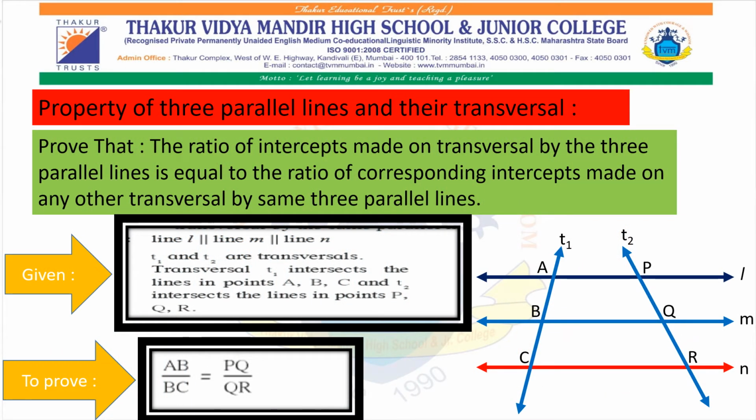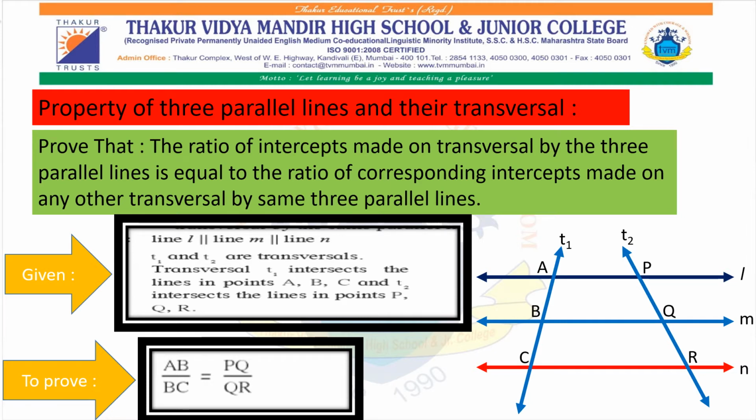We also did last time the property of three parallel lines and their transversal. You can see the statement on the screen. The ratio of intercepts made on a transversal by the three parallel lines is equal to the ratio of corresponding intercepts made on any other transversal by the same three parallel lines. Line L, line M, line N are parallel to each other.